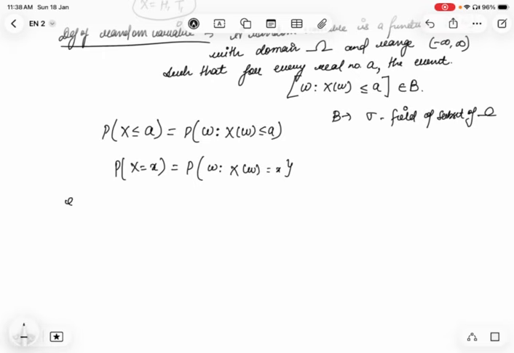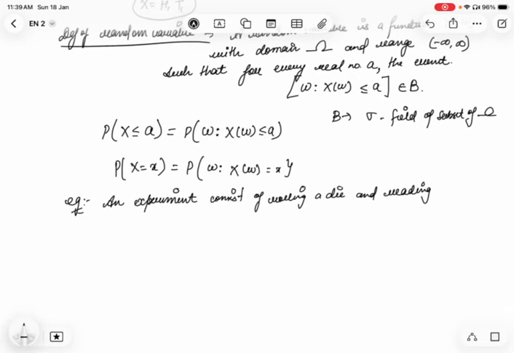Let me take one more example. Suppose an experiment consists of rolling a die and reading the points, the numbers, on the upturned face.